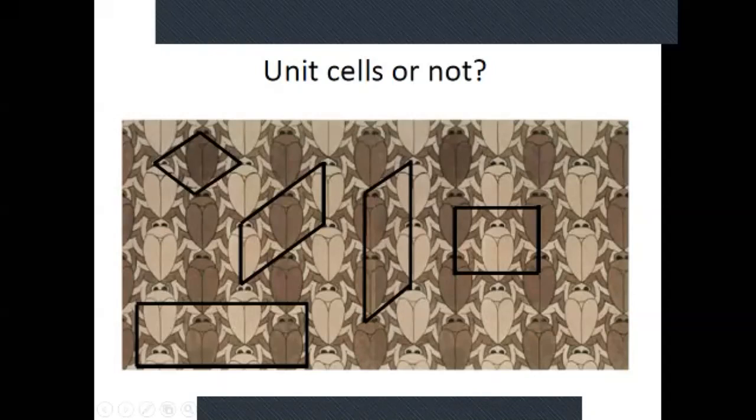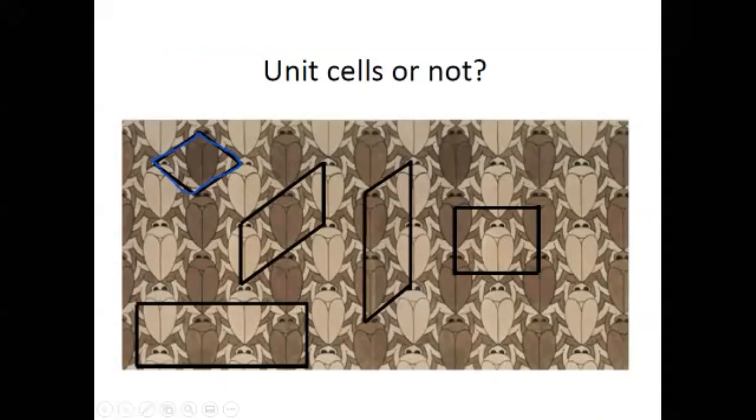Okay, let's take a look at these. So let's see which one of these could be unit cells. So for example, if we take the top square here, and we translate it, let's say we shift it down.